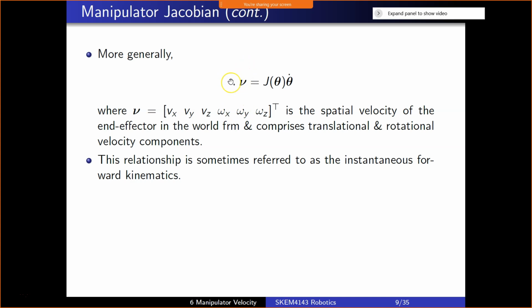But what if now I know my spatial velocity? I want to know how my end effector moves, and I want to know how I can produce that movement by actuating my joints. So I need to invert this equation. So theta dot equals J inverse of nu.